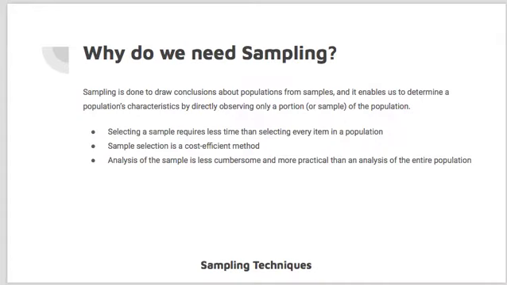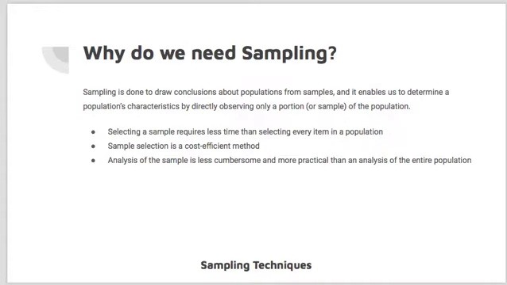So here what we have to take seriously is that the sample's characteristics are going to reflect the population's characteristics. By directly observing only a portion of the population, we can determine the result for the entire population.